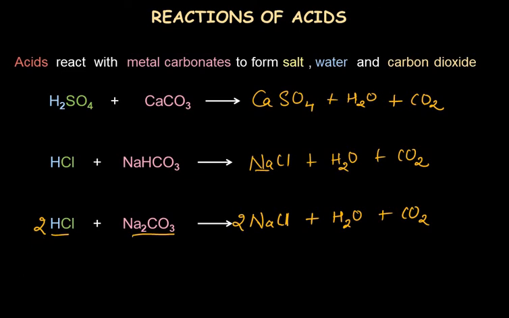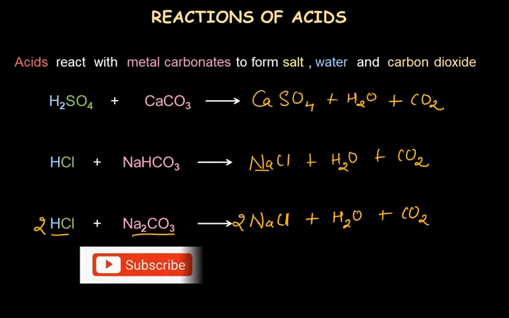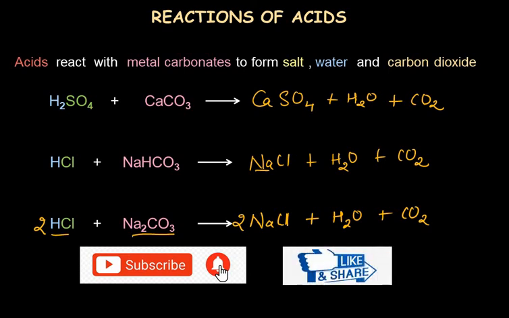So now here we have studied 5 types of reactions of the acids. That is the acid reacting with the metal hydroxide, that is the alkalis. So acids reacting with the alkalis. Then we can also say that it reacts with a base like metal oxides.